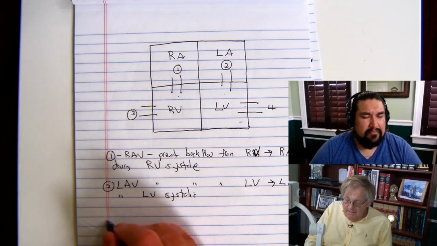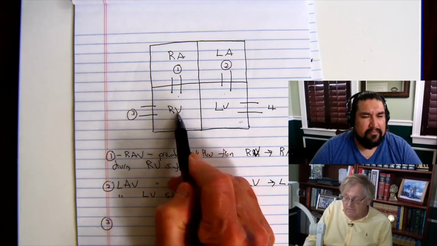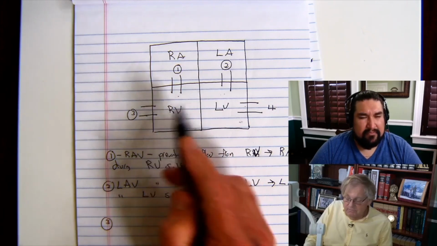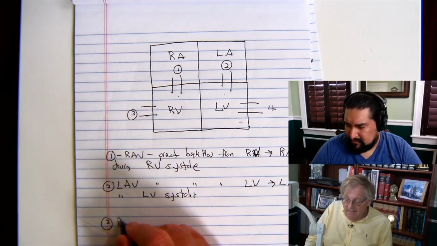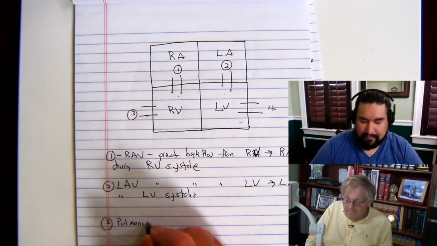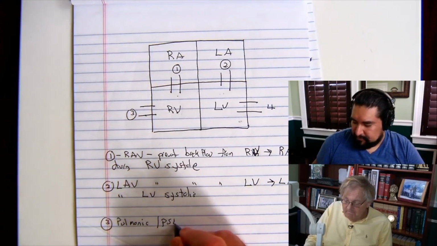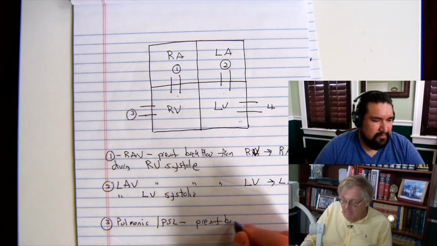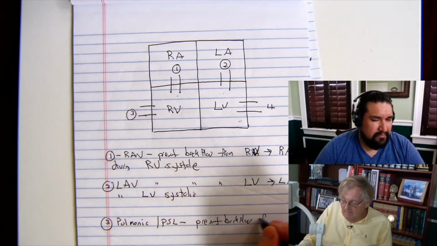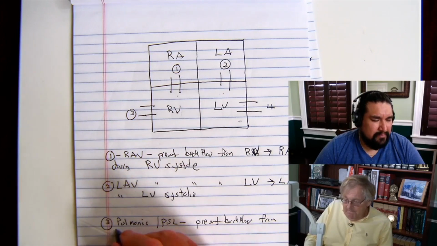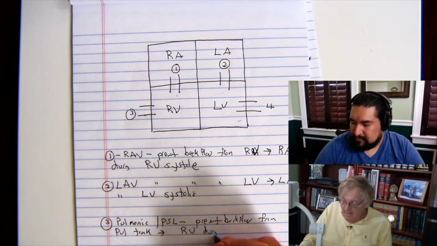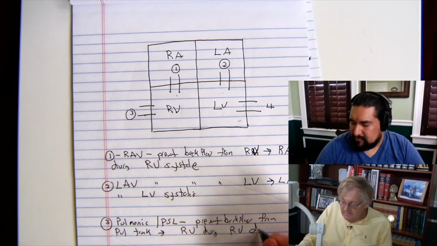Well, 3 is between the right ventricle and the pulmonary trunk, or the pulmonary arteries. So 3 is going to be the pulmonic valve, or the pulmonary semilunar valve, and that's going to prevent backflow from the pulmonary trunk to the right ventricle during RV diastole.